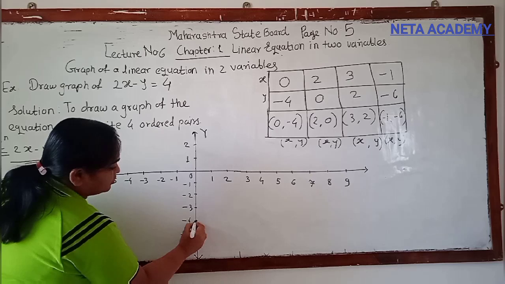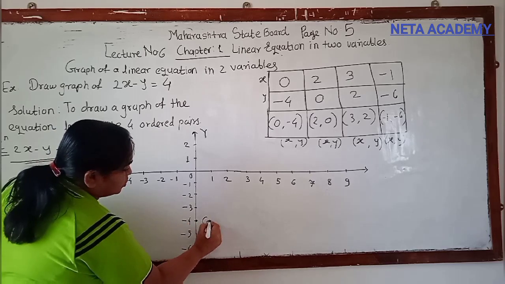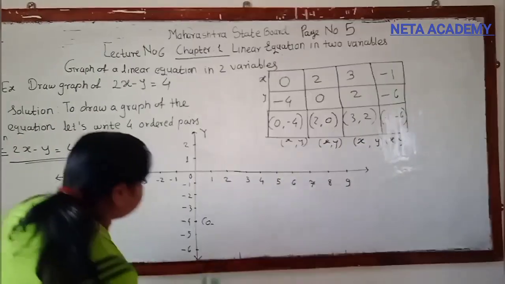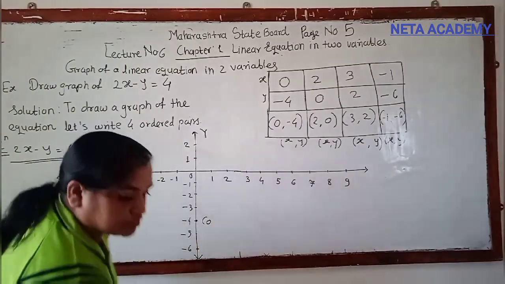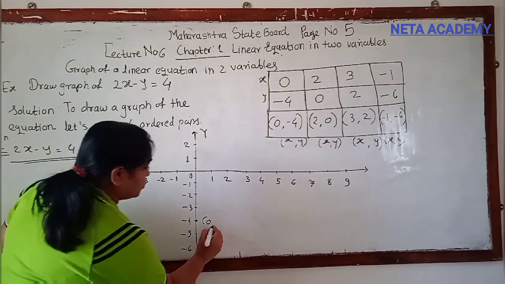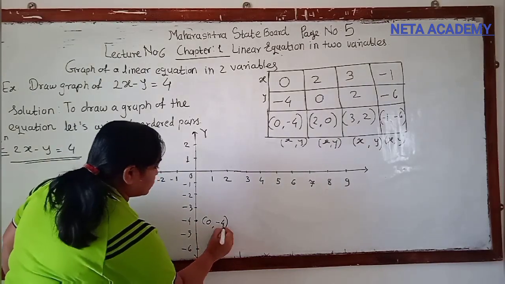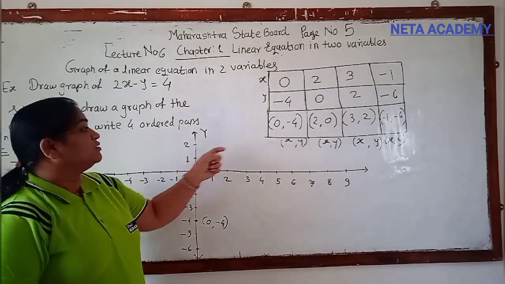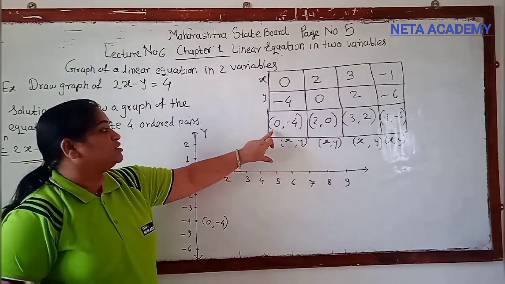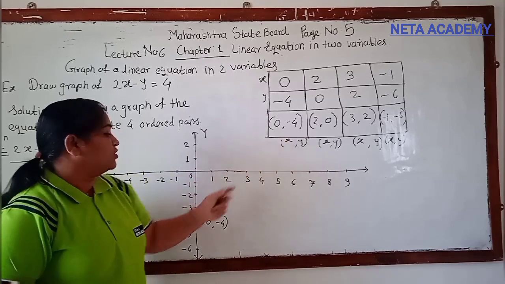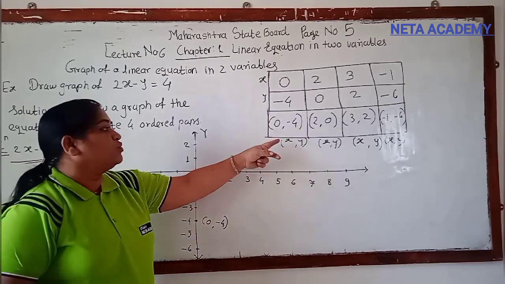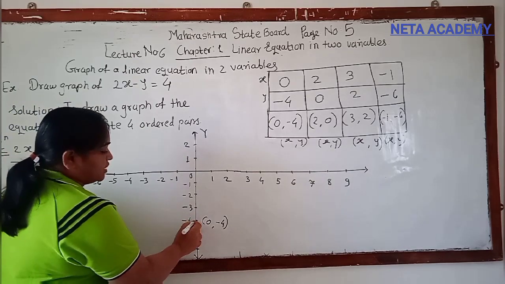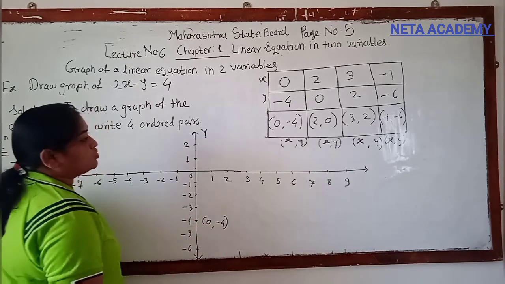So our first point is here, 0 and minus 4. If x is 0, we'll get the point on the y-axis. So here is our first point, 0 and minus 4.